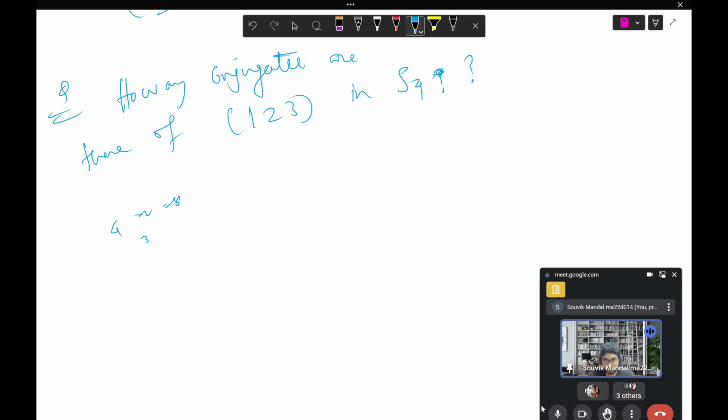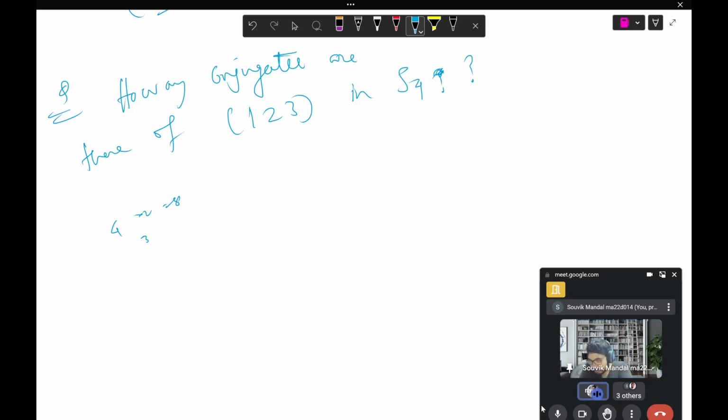But we know that cycles of the same cycle type are conjugates. So basically you have calculated the number of 3 cycles in S4, correct? Yes. Okay, but then while telling the argument, you are saying something about fixing one element. So can you please spell out the argument then?